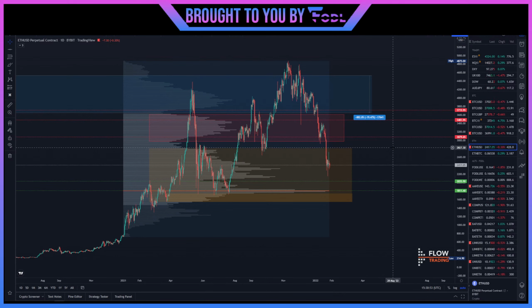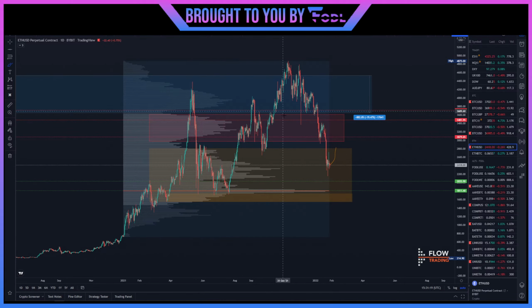Of course, above us, between $2,800 and $3,000, we've got this area of low volume. So again, very similar to Bitcoin, the same thing. If we are to see the prices go up to the upside, this is a good area for a short, unless we can break above and reclaim this area here, which means that we then go up.